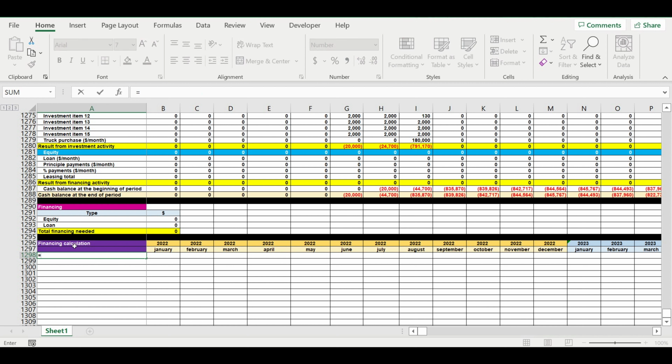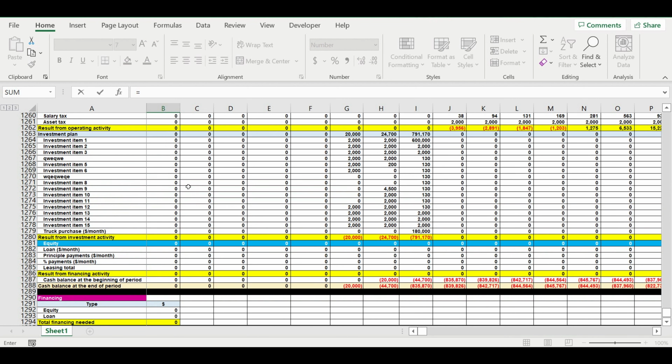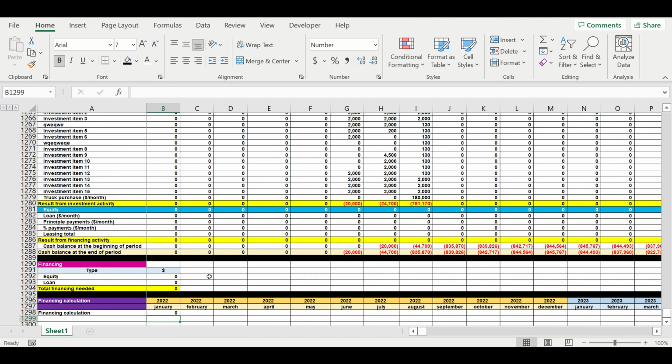So what we can do, I'm just showing you all steps. We are taking the result from operating activity plus the result from investment activity plus loan minus principal payments minus interest minus leasing, and we press enter.